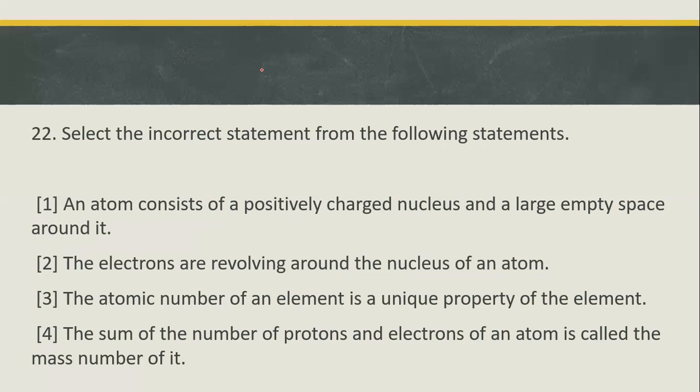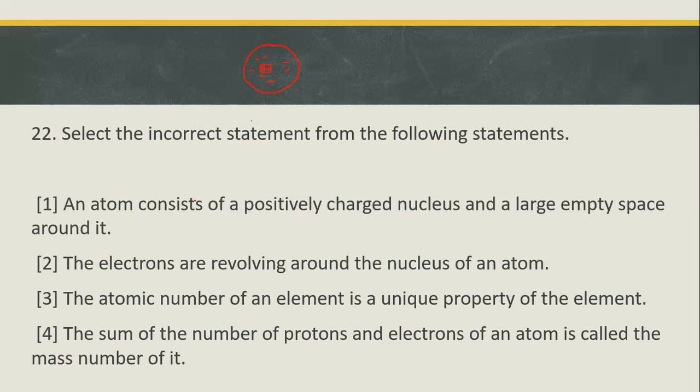So when we get the atom, small amount of space is nucleus and large amount of space goes for electron. Electrons are negatively charged and protons are positively charged. Neutrons have no charge, it's neutral.